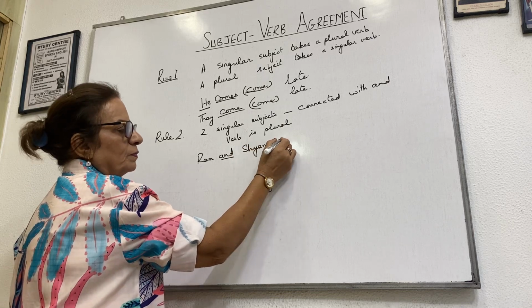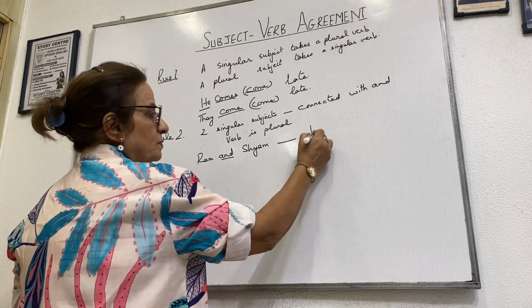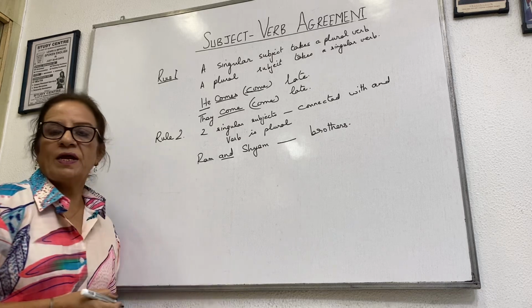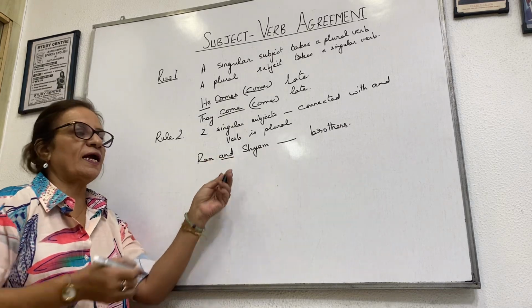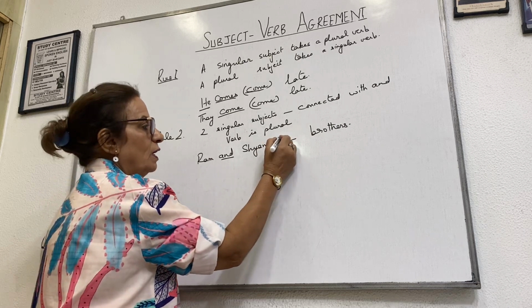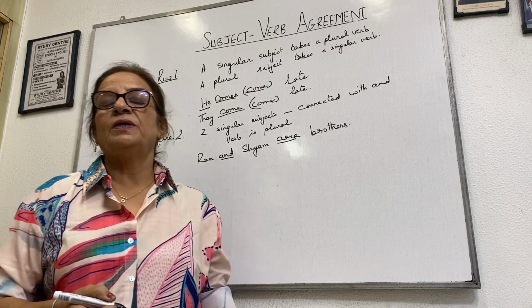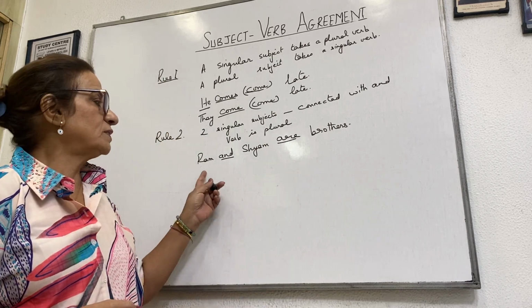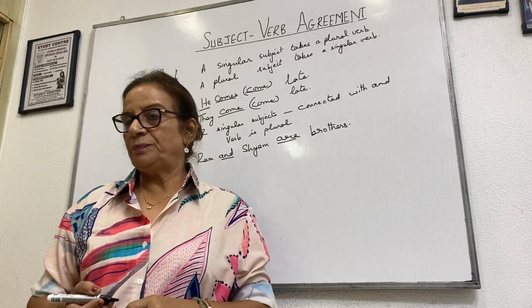Then what will be the verb? Brothers. Ram and Shyam, two singular subjects connected with and, the verb is plural: are brothers. We will not say Ram and Shyam is brothers, because singular subjects joined with and take a plural verb.